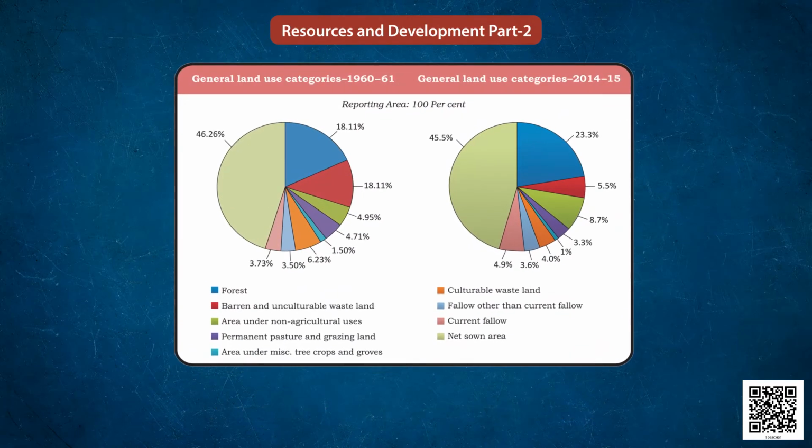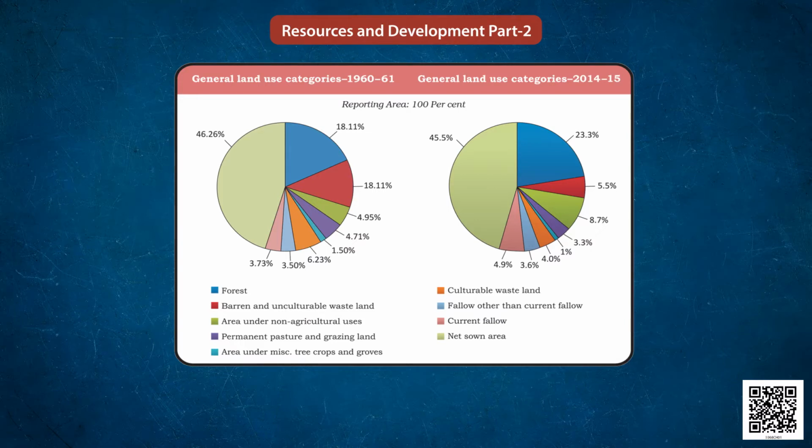Two pie diagrams are being shown on the TV screen. These pie diagrams are reflecting the general land use categories for the year 1960-61 and 2014-15.